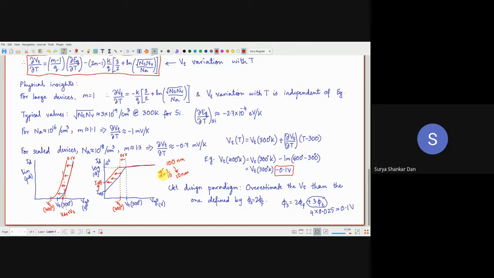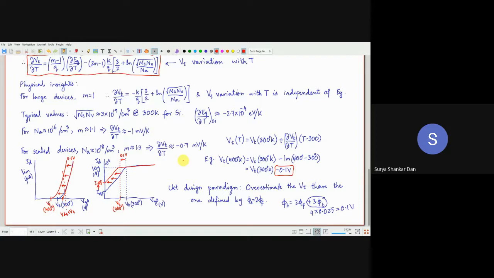We will look into that in the next class. Not only VDD, all the potentials, from the supply bias potential to the surface potential, will scale accordingly.